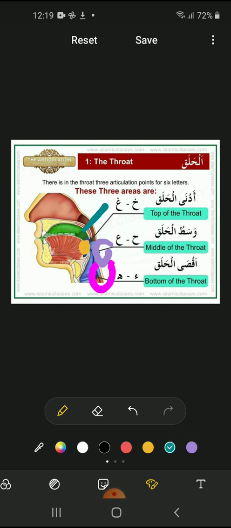And in case of Kha, the Kha is also one of the letters which runs a lot more than the Ghain. So we say yakhsha, air is produced and time is given for the Kha to run more. This is the way we can differentiate between the Ghain and the Kha in the pronunciation depending on their makhraj.